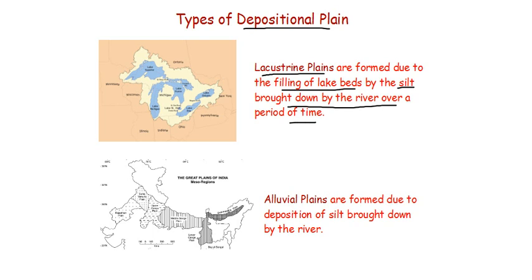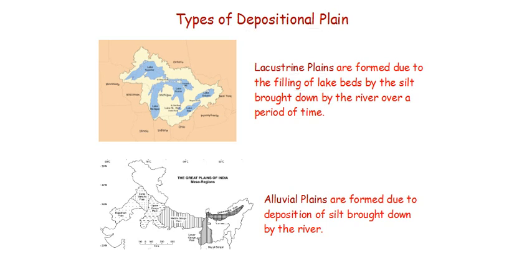As you can see in this diagram, in the Great Lake region of North America, the adjoining area of this particular lake is known as lacustrine plain, because these plains are formed due to filling up of the bed of this particular lake.